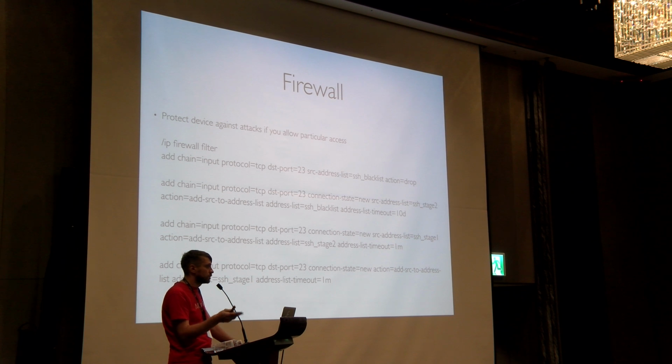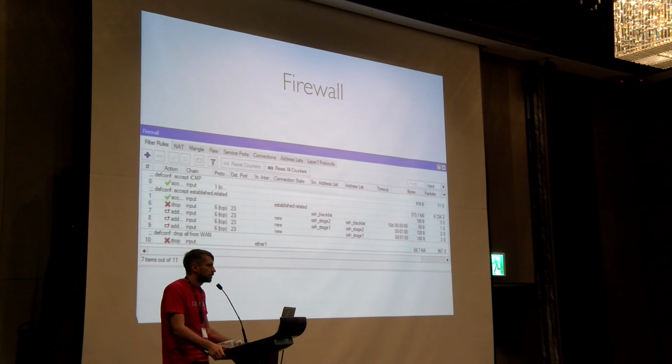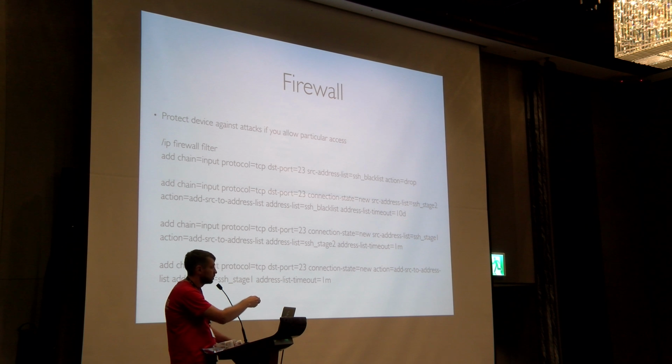If we have 2 SSH connections from one address to a router within 1 minute, then we add that person to a block list for 10 days. So we add those 3 simple rules, and we make sure that nobody can connect to our router more than once within 1 minute. If it happens, it usually means that somebody is trying to guess a password or something like that. So we put him on the block list, and that person, by that rule, is blocked for 10 days. When 10 days pass, the router will remove that IP address and will check the traffic in a regular way.